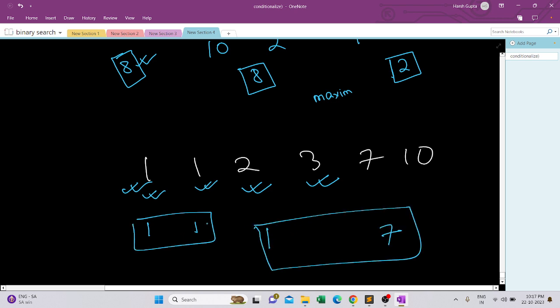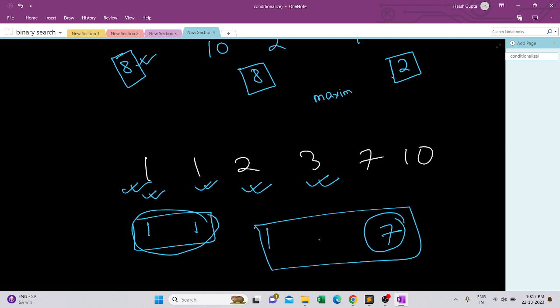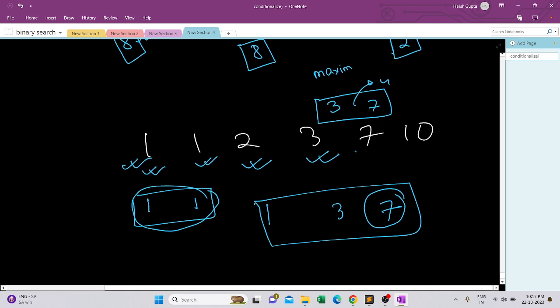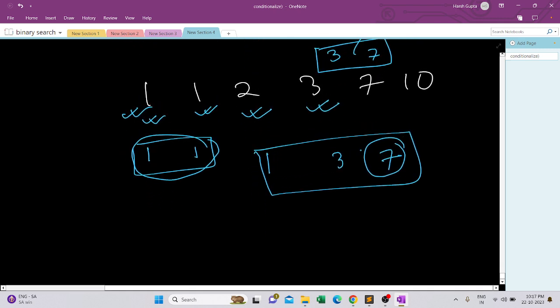So always the difference in the adjacent pair will be less. Now, even if you want to take 7, you will take the number which is immediately left of 7, right? You will make a pair of 7 with 3, and you will not make a pair with any other number, because we want to minimize the difference. Now, let's see how binary search comes in here, like how we can apply binary search in this question.